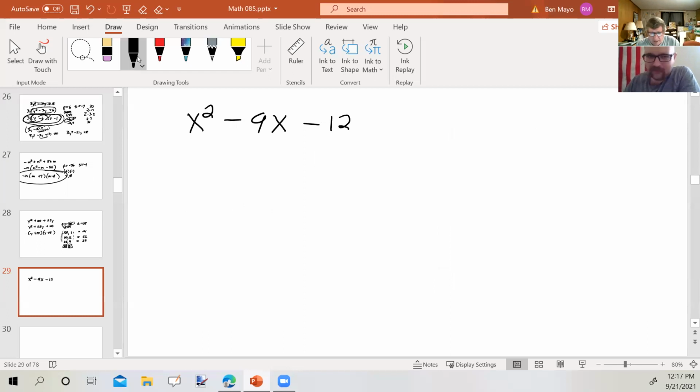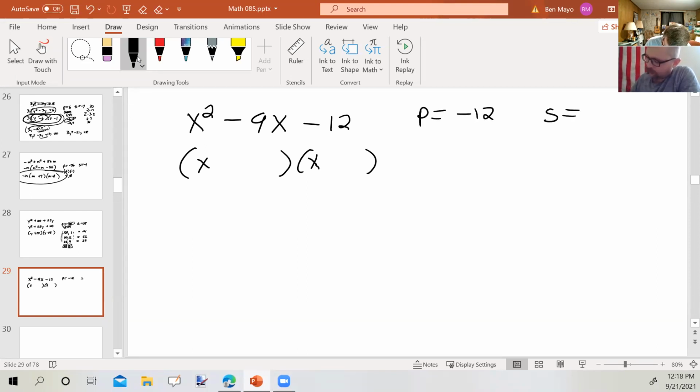This is a trinomial. It's in standard form, descending powers of x. It has an implied leading coefficient of 1, so it's everything we want in a trinomial. So the product is negative 12 and the sum is negative 9.